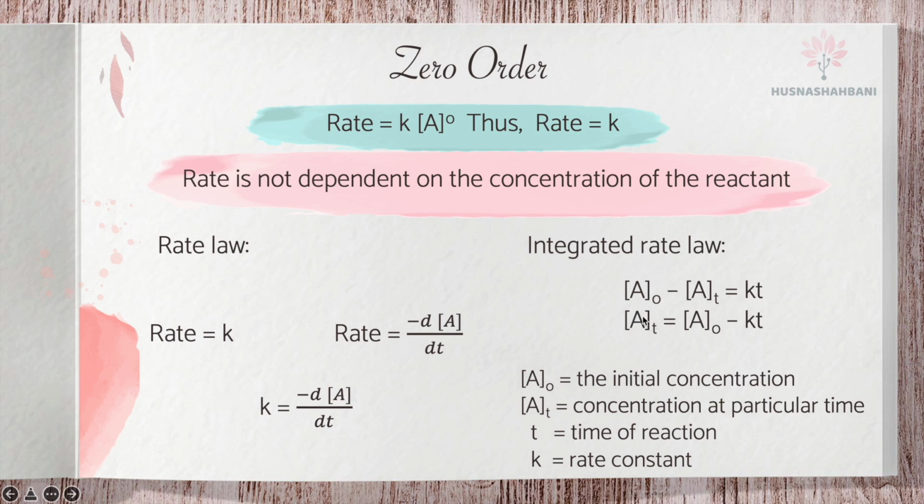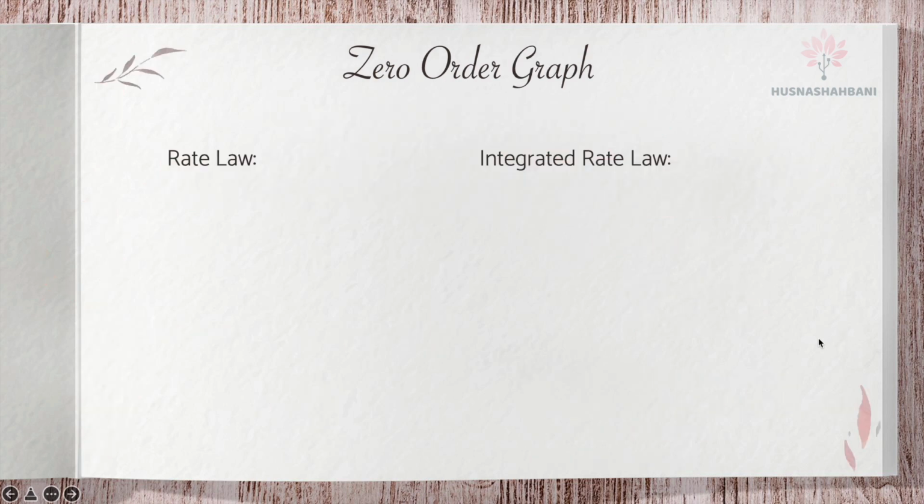[A]t, the concentration of reactant A at a particular time, equals the initial concentration of reactant A minus kt. So you can find the concentration of the reactant at a particular time if you have the initial concentration of reactant A, the time, and the rate constant. So this is the integrated rate law for zero order.